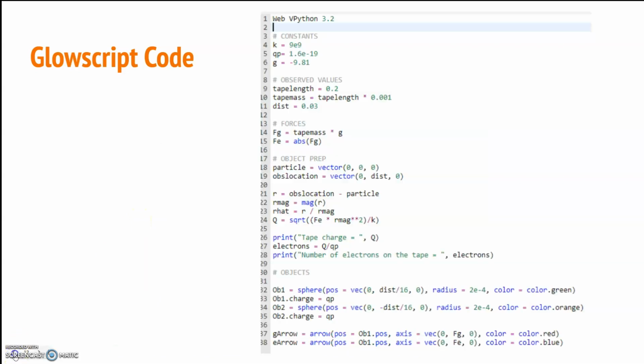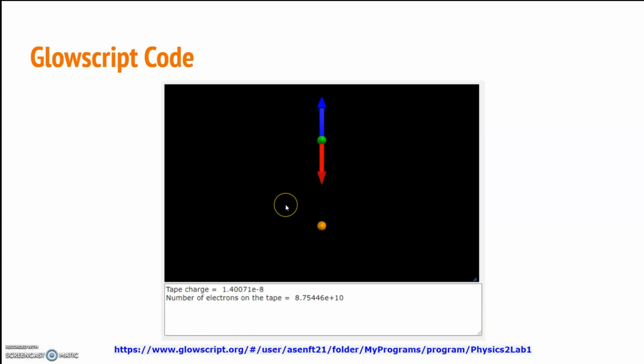If you go back to the previous slide, you could see that the gravity arrow is in red and the electric arrow is in blue. So you have the electric repulsion from the orange piece of tape. That orange charge is pushing up on the green charge while gravity is trying to pull it back down. But since these forces are equal and opposite, it's not moving at all. And that's why we have that 3 centimeter gap in there.